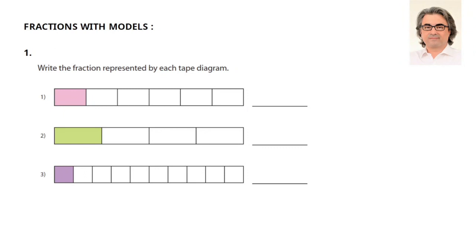Now, in this picture, my whole is this rectangle, and this rectangle was divided into 1, 2, 3, 4, 5, 6 equal parts, and only one of them colored or shaded.